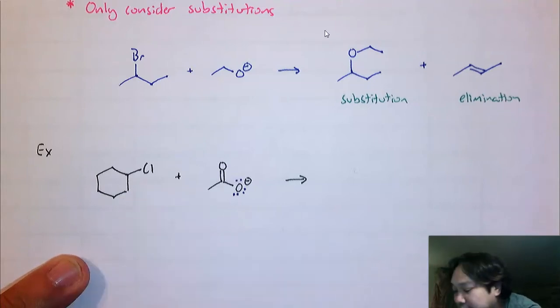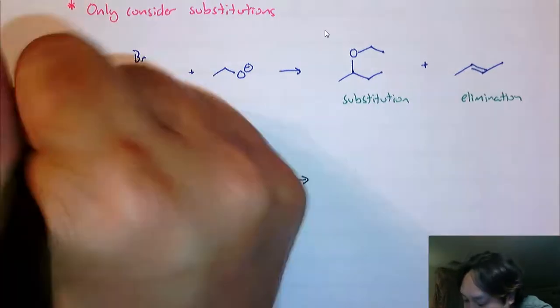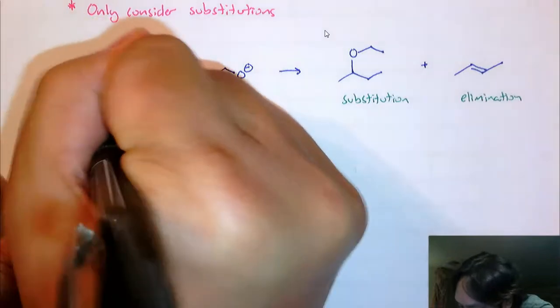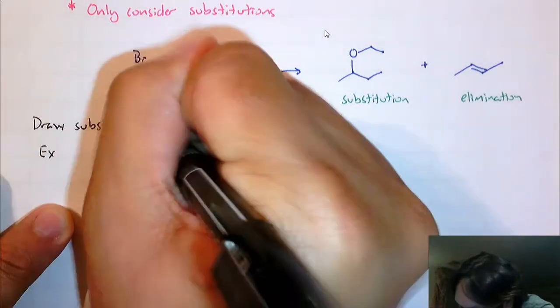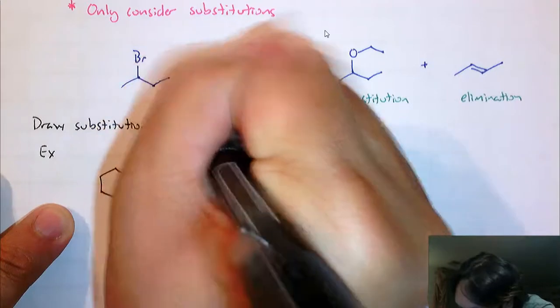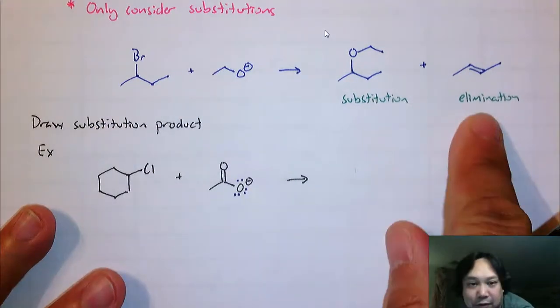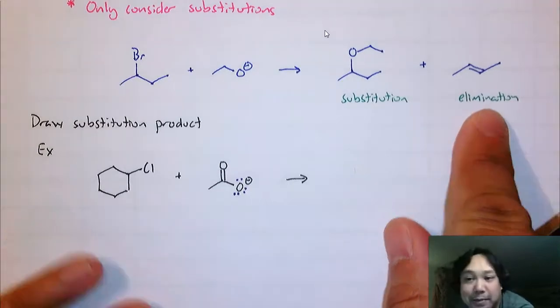I'm not even going to draw the mechanism. All I want us to consider is to draw the substitution product, and those are the instructions. I'm not going to even ask for this unit anymore to draw any elimination products.